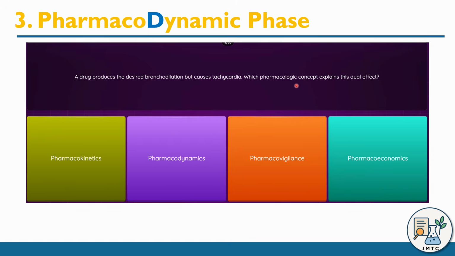Which pharmacologic concept explains this dual effect? The correct answer here is pharmacodynamics. Bronchodilation is the desired effect. What causes tachycardia is the side effect, but still both are explaining what the drug does to the body.